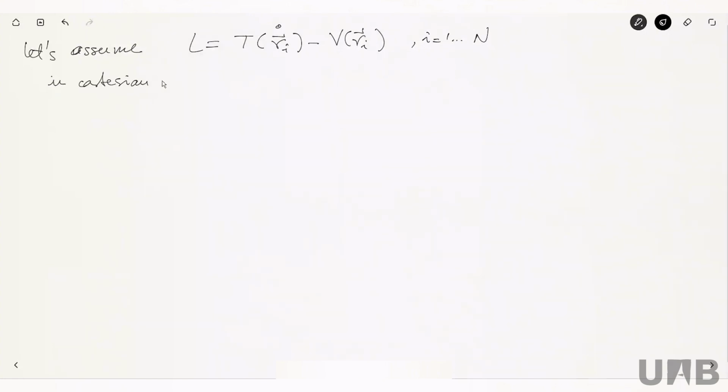I can always describe my system in Cartesian coordinates if I want, so I'm going to look at these symmetry transformations in these coordinates. Let's go one by one. First, let's look at what happens when I make a translation of the origin of time.